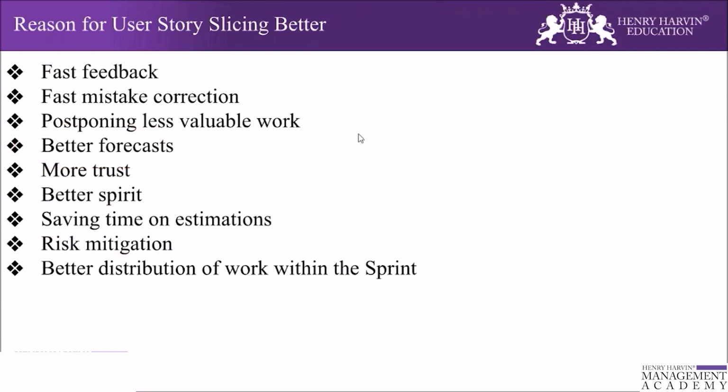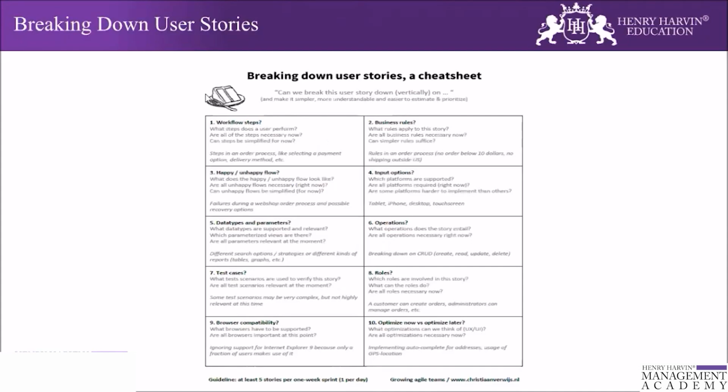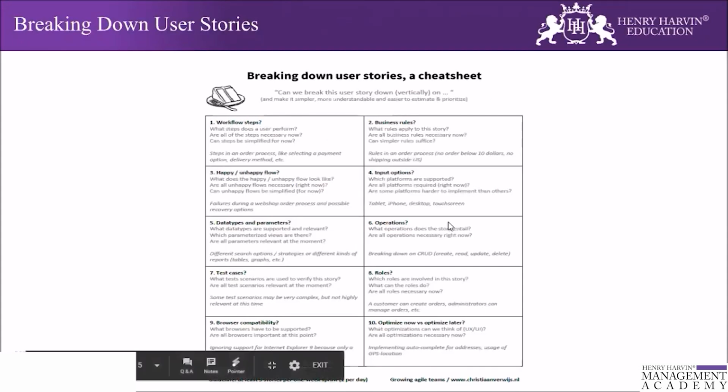So these are a few reasons which are very helpful in understanding why we should go for smaller stories, and why we should split the user stories into smaller stories. So the next is breaking of the user story.